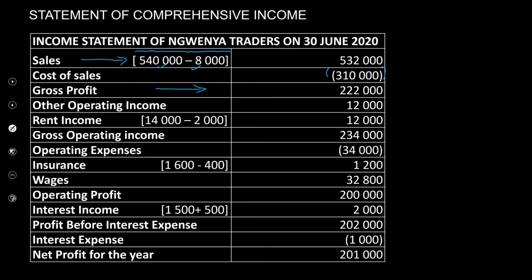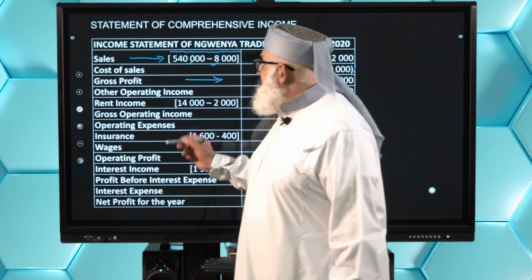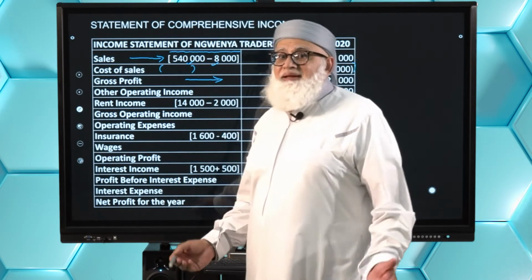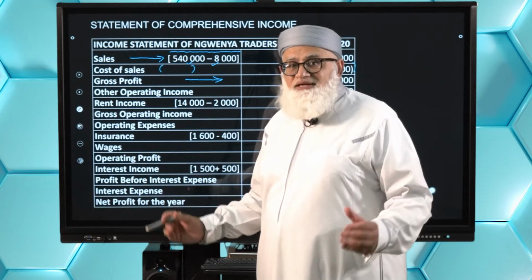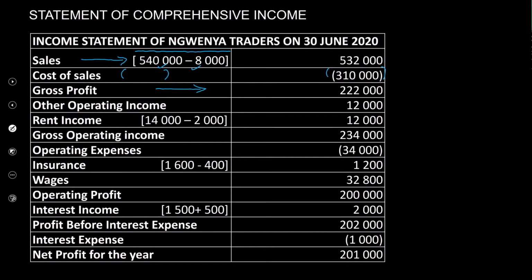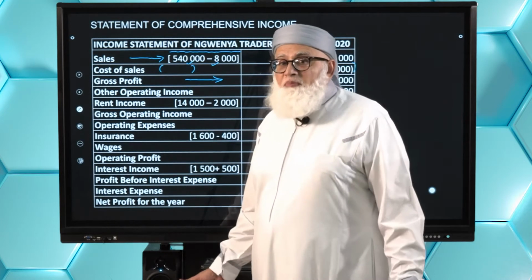Okay, so what is that? Sales less cost of sales. Now obviously the cost of sales may also be subjected to a calculation, but like I said, this is just the format that we are concentrating on for now. I then bring in my other operating income, and once again there could be more than one operating income.